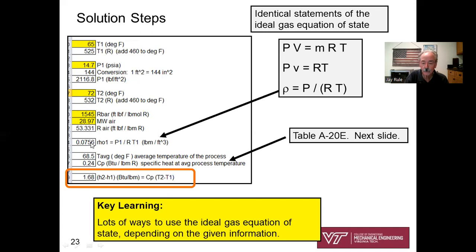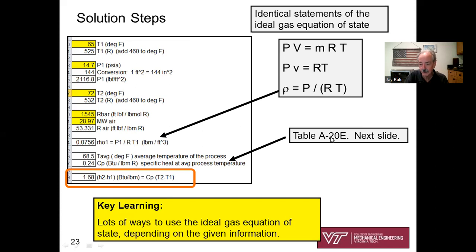So rho, the density at the starting point, rho 1, is 0.0756 pounds mass per cubic foot. That gets you halfway through the problem. Average process temperature is 68.5. And now you have to go and eyeball table A20.